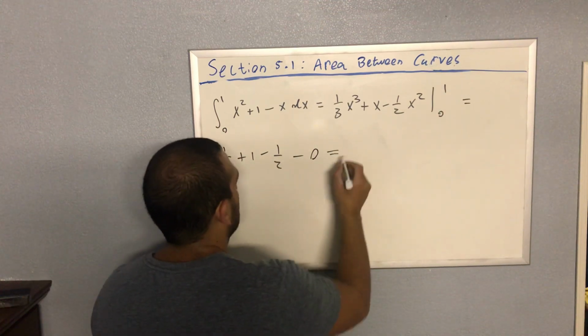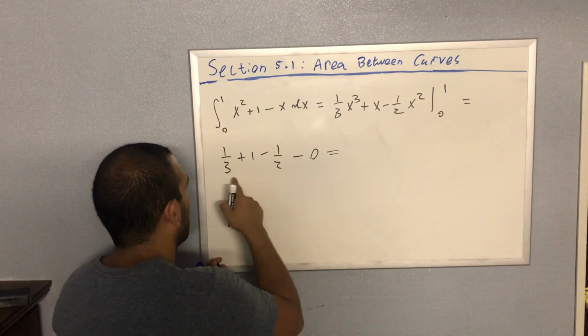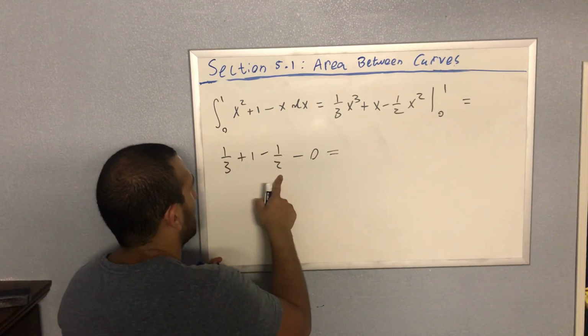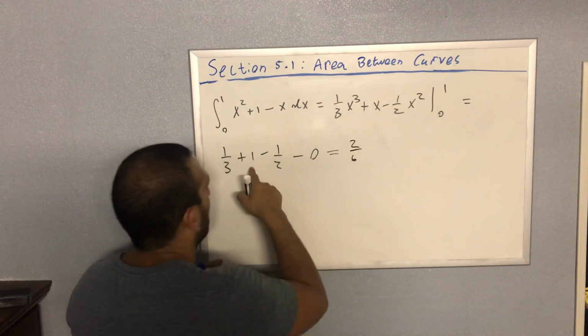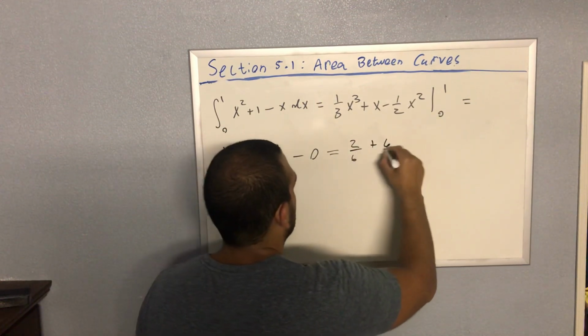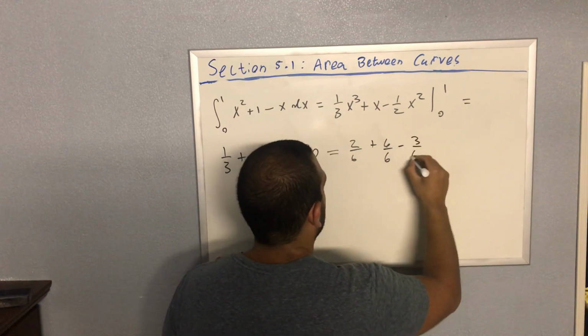Okay? So then this, the common denominator between 1/3 and 1/2 is 6, right? So this is like 2/6, and then 1 is the same as 6/6, and then minus 3/6.